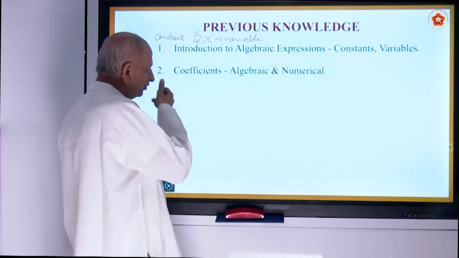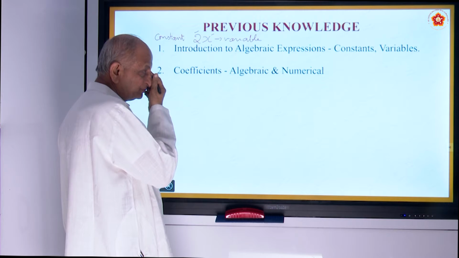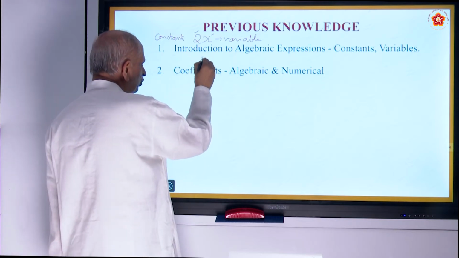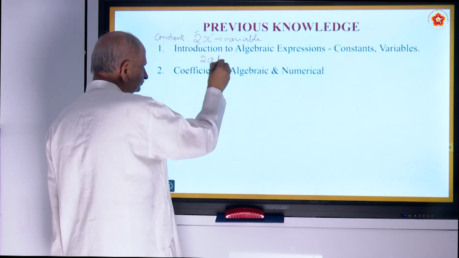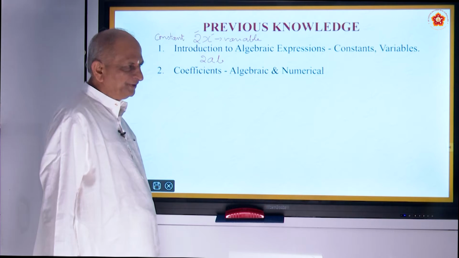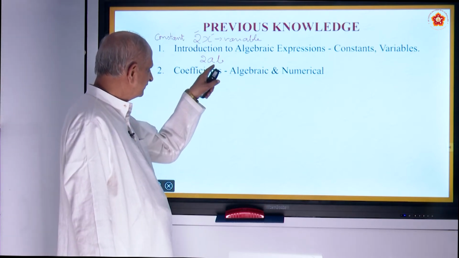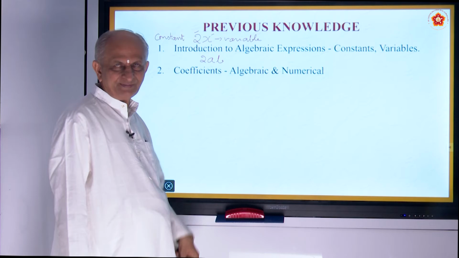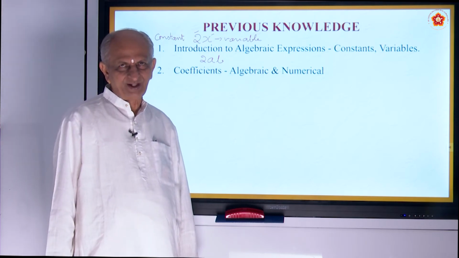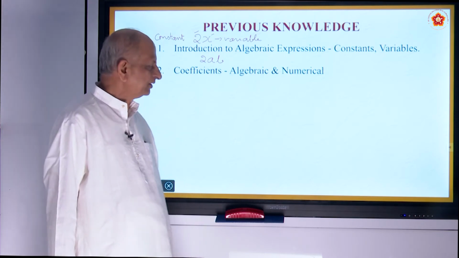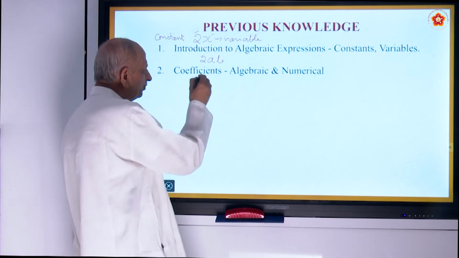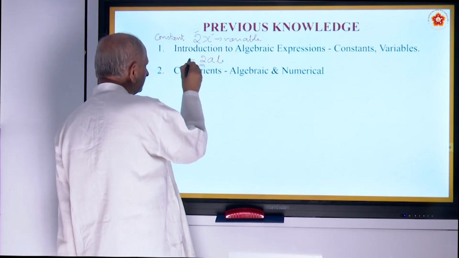Also we have studied about coefficients. Suppose you have 2ab. What do you mean by coefficient? For that ab, the number 2 is multiplied. Is it not? So that 2 is called the numerical coefficient.